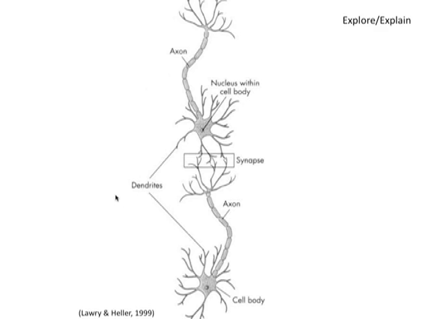And where these connections take place are out at the ends of the neurons. They have specialized projections called dendrites and axons, and the dendrites are bringing information into the cell body, and axons take information away from the cell body.